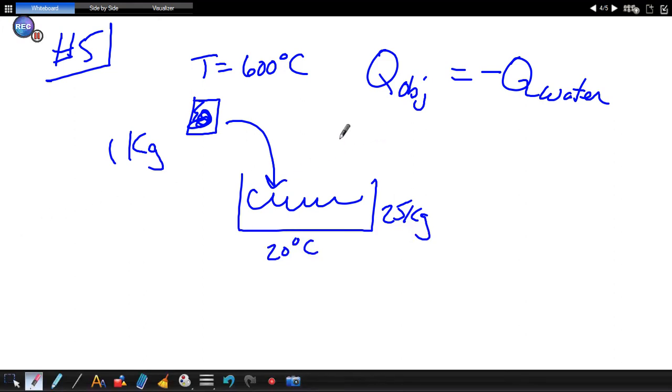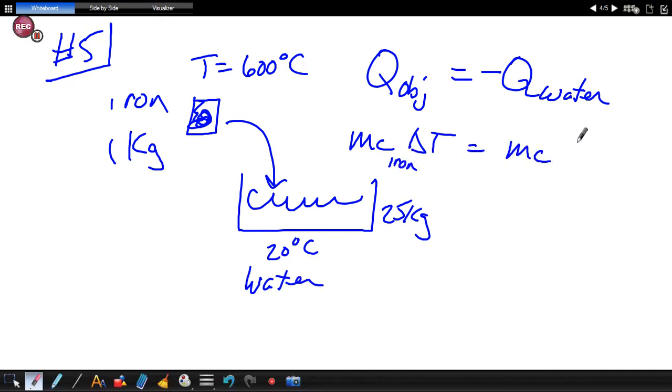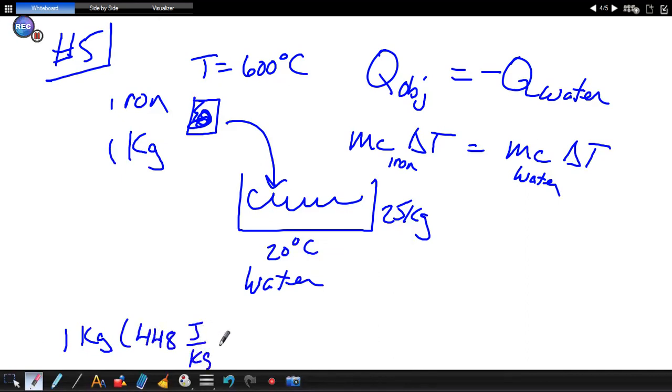So we can figure out what that is. Say this is iron, and this is water. So we'll have MC delta T for iron equals MC delta T for water. I'll write it down here: 1 kilogram times the value for iron in the chart, which is 448 joules per kilogram degrees Celsius.